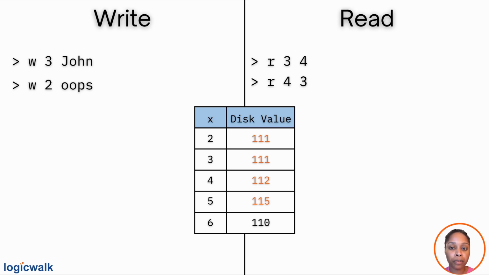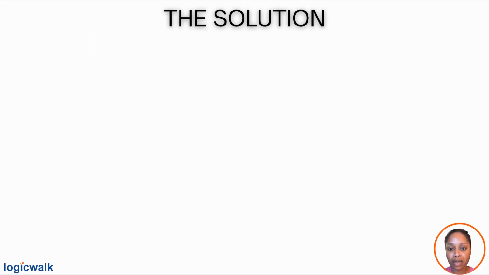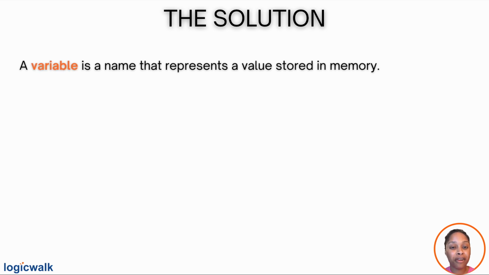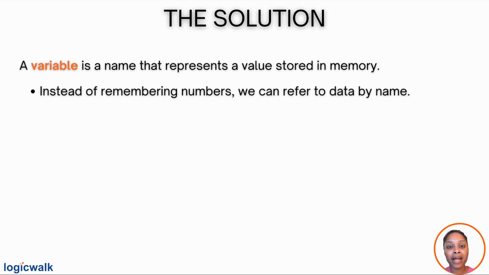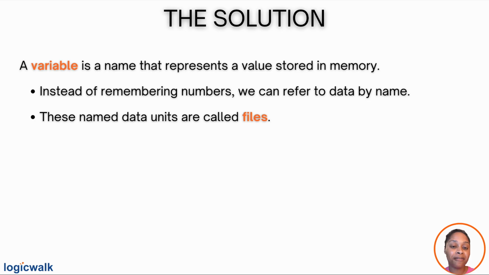A single wrong number could erase or replace something important. Because remembering numerical locations is so difficult, programming languages introduced a helpful concept, assigning names called variables to memory locations. Operating system engineers applied that same idea to hard drives by assigning names to data. In operating systems, this named data is called a file.